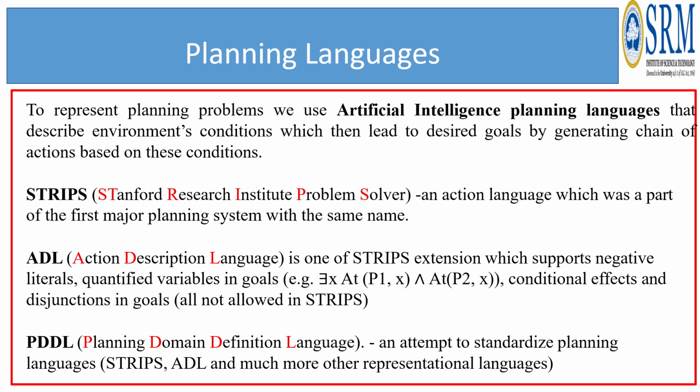PDDL, Planning Domain Definition Language, is an attempt to standardize planning languages such as STRIPS, ADL, and other representation languages that involve logical representation, either predicate or propositional logic.